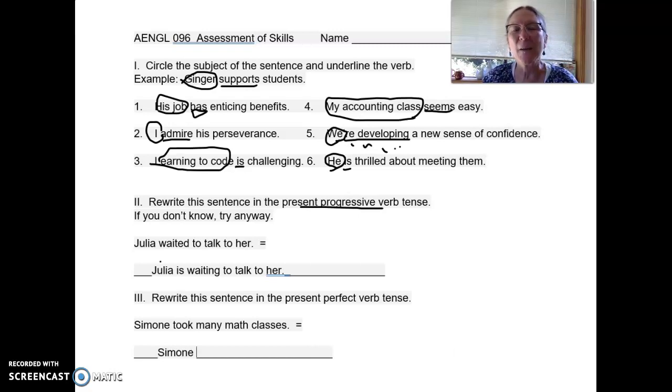So rewrite this sentence in the present perfect. Simone singular, so are we going to use has or have? Has or have? What do you think? Has. Now took, what's the past participle of took? We have take, took, taken, right? Taken is the past participle. Simone has taken, and the rest is the same. Many math classes.